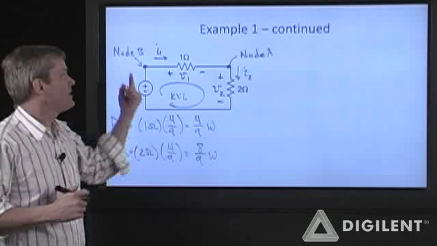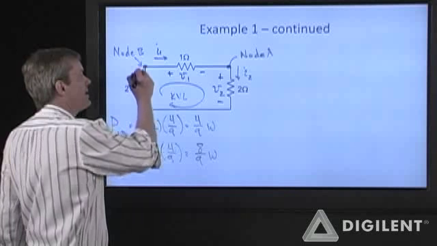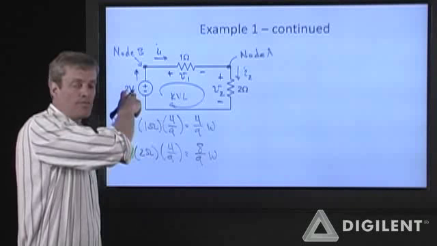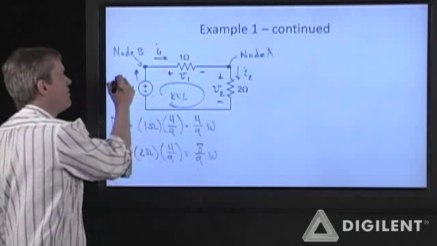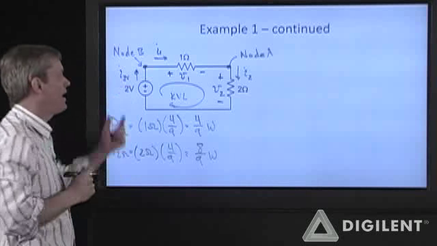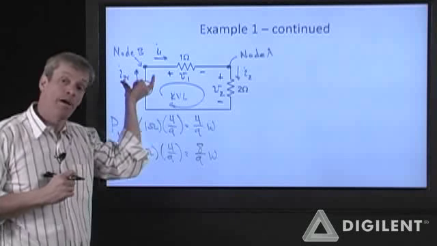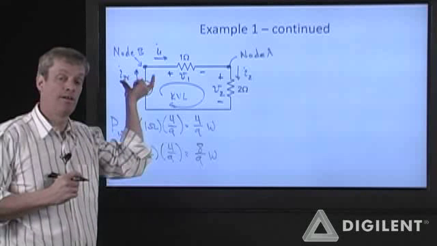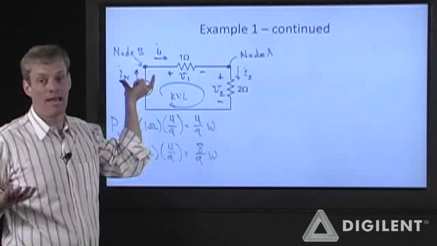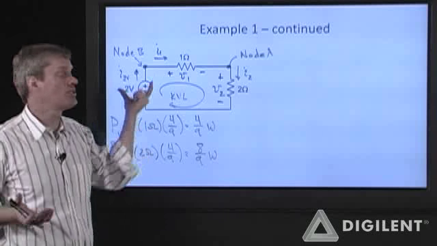If I apply KCL here, all I get is that the current coming out of this voltage source is equal to I1. Yes, I've added another equation, but I've also added another unknown. I haven't gotten ahead of the game in any way whatsoever.